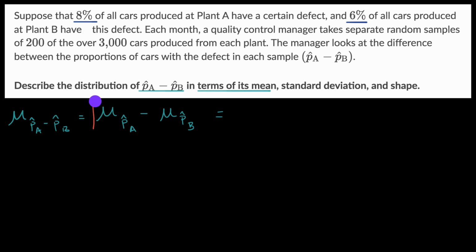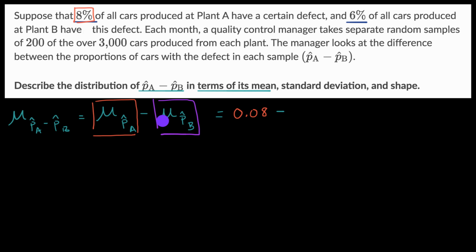Well, what's the mean of the sample proportion of plant A? It's just going to be the true population proportion for plant A. And they tell us that. They tell us that 8% of all cars produced at plant A have a certain defect. So this could be 8%, or we could write it as 0.08. And then from that, we are going to subtract the mean of the sample proportion from plant B. And we know what that mean is going to be.